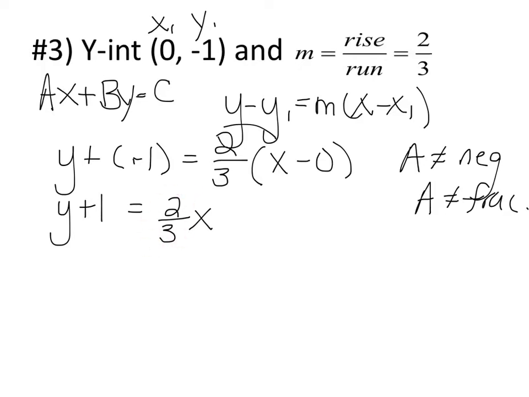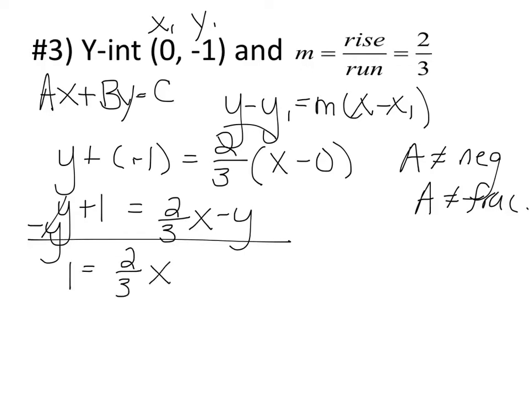So a is a fraction, which we're going to have to deal with later. But a is positive as of right now. If I were to move x to this side, I would have to subtract it from both sides, which would then give me a negative x, or a negative a. So I'm going to leave it over here, and I'm going to move y over here with it. So I'm going to subtract y from both sides, which gives me 1 equals 2/3 x minus y.